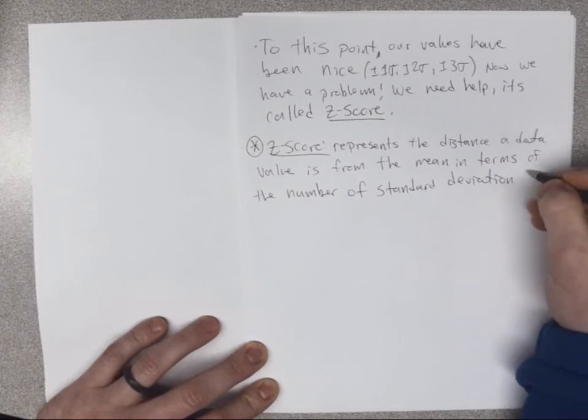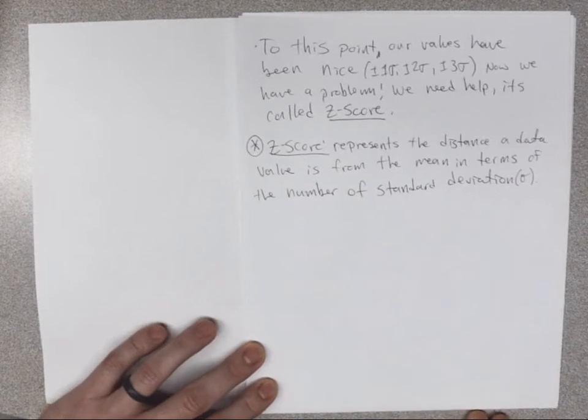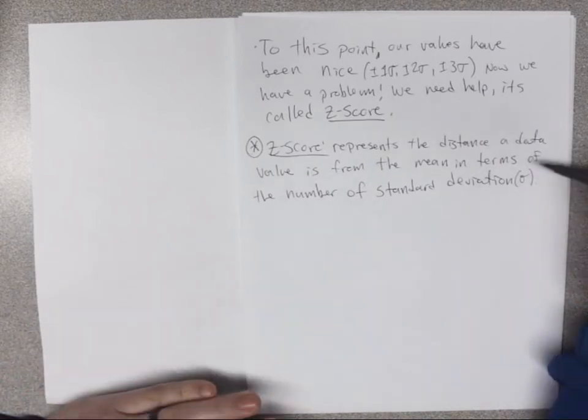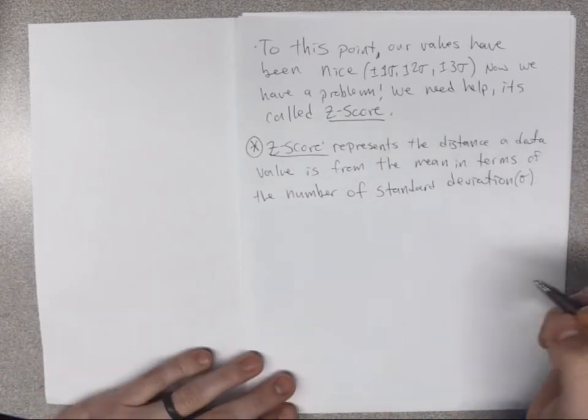And standard deviations we label as sigma. So now this z-score is going to tell us how far away it is from the mean in terms of standard deviations. So I'm going to give you the formulas, and then I'm going to explain more about this z-score.